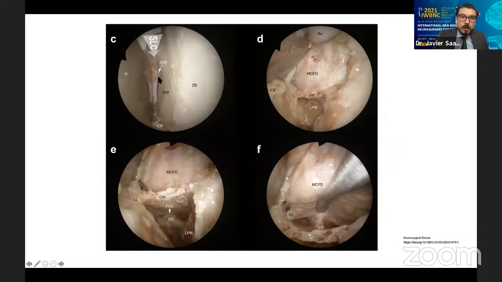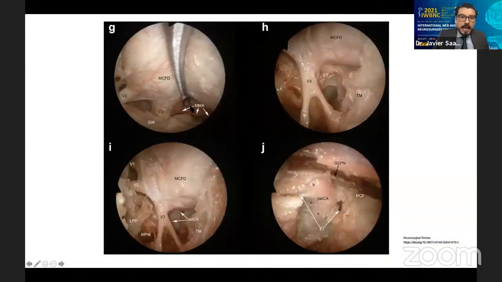Here we have the superior orbital fissure, the greater wing of the sphenoid, the zygomatic bone, and as you can see here, you have drilled the greater wing of the sphenoid. You can see the middle cranial fossa dura, and just below, if you drill this bone, you will have access to the pterygopalatine fossa, and this is the lateral pterygoid muscle. If you keep dissecting posteriorly and you dissect the lateral pterygoid muscle out of the way, you will have access to the foramen ovale and the mandibular nerve.